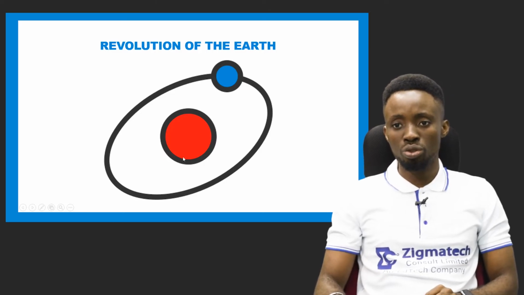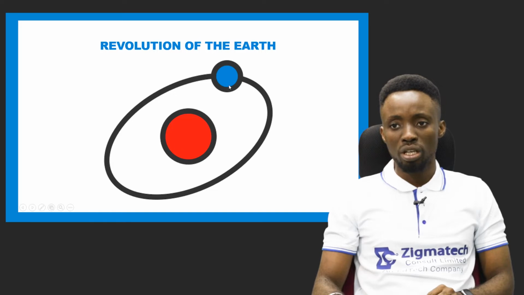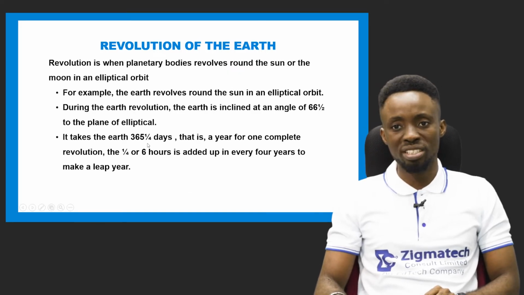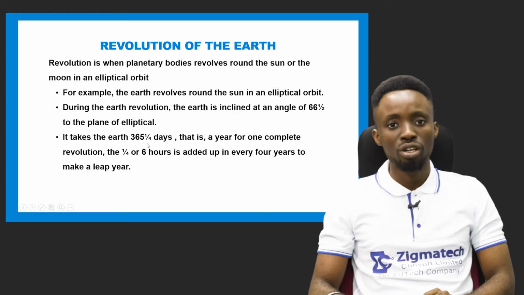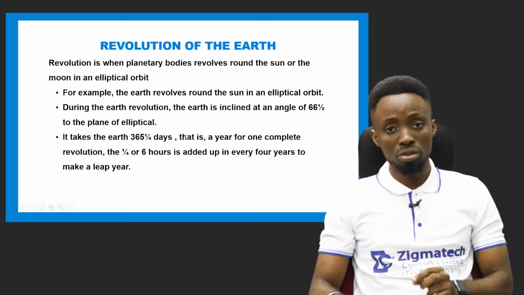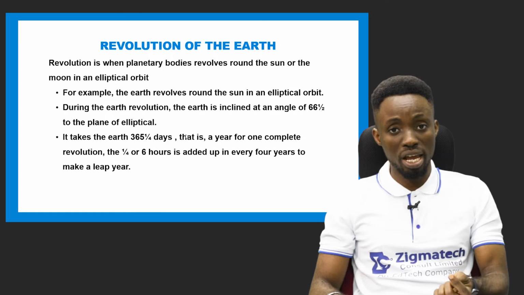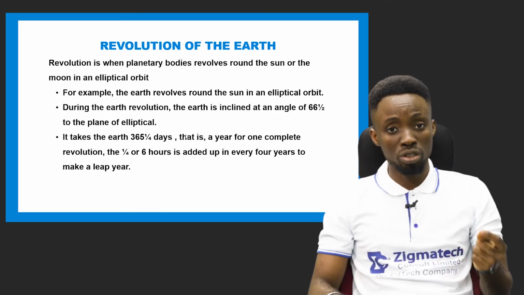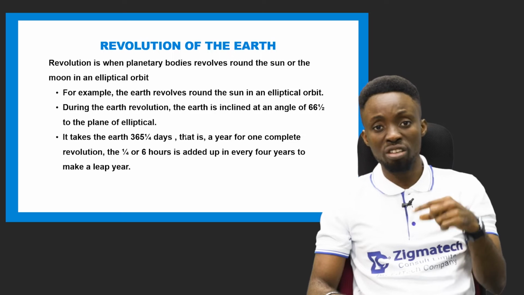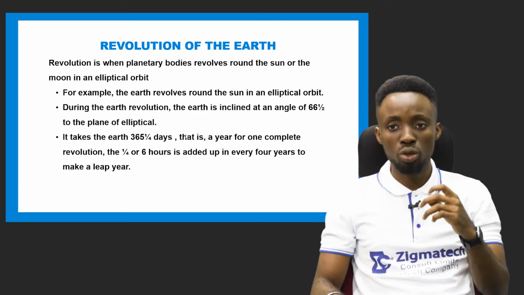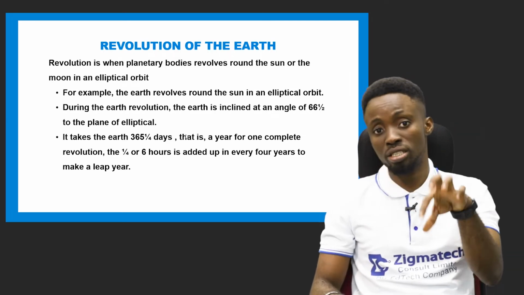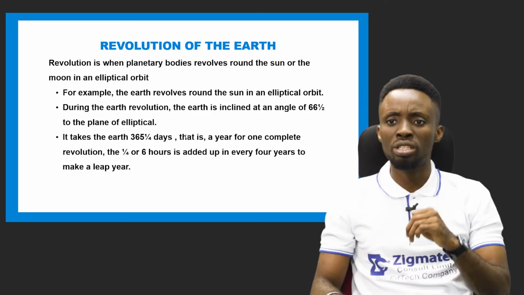So you see the Earth is actually inclined at an angle of 66.5 to the orbit of the Earth. So take note, the Earth is inclined 66.5 to the orbit, and on its own axis, the inclination is 23.1 degrees. So these are the two different angles of inclination the Earth has on its axis and on its orbit.